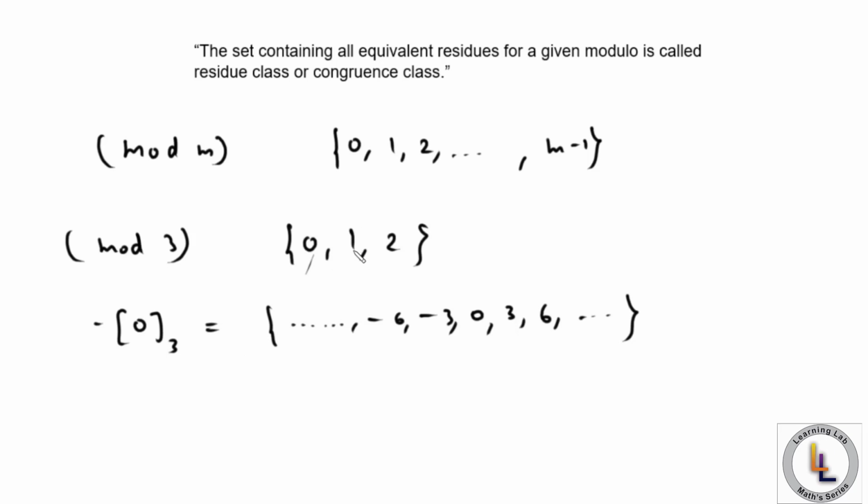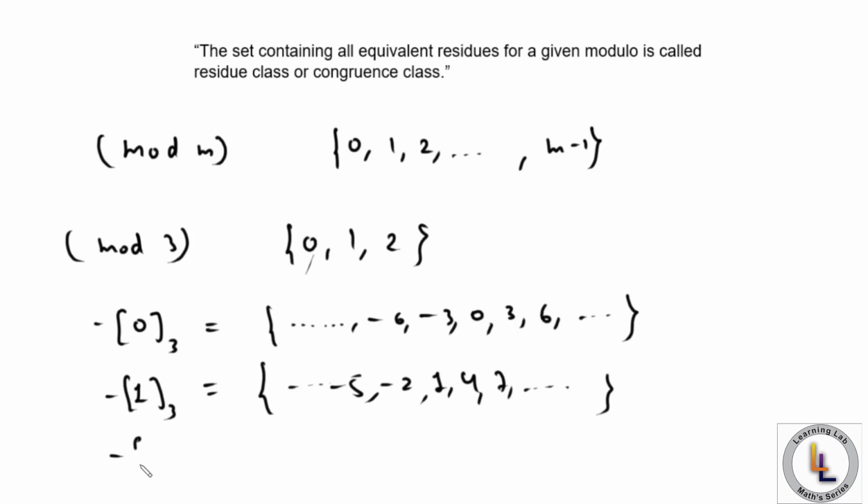For the second element we have another residue class, which is written as 1 modulo 3. This is just 1, 4, 7 and so on, and on the negative side we have -2, -5 and so on. For the third element we have the corresponding residue class 2 modulo 3.